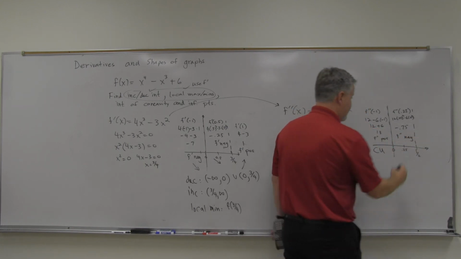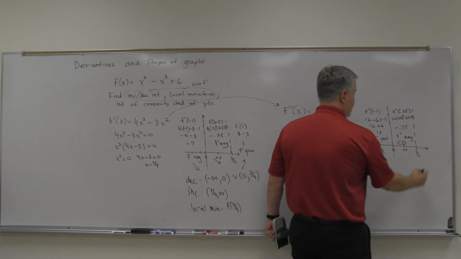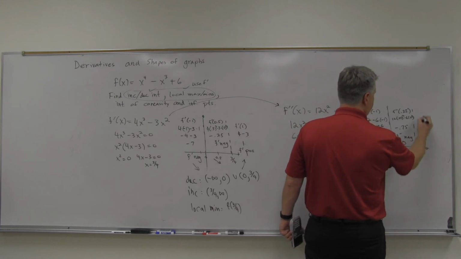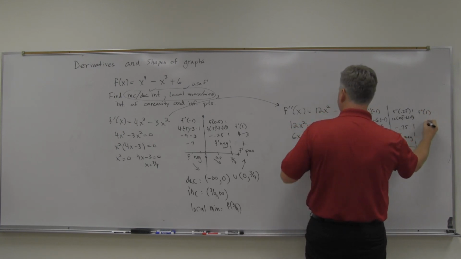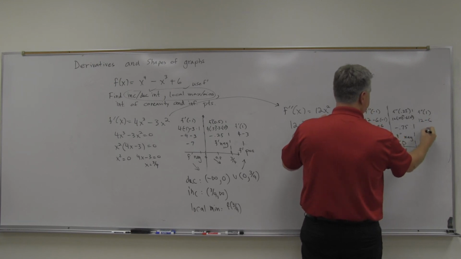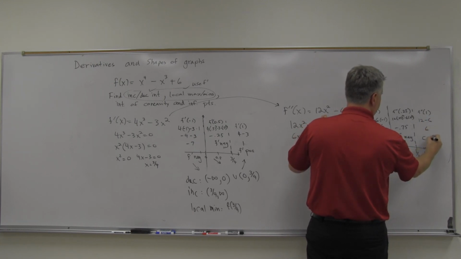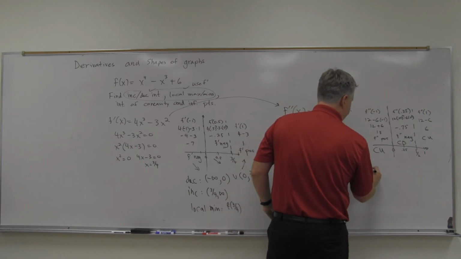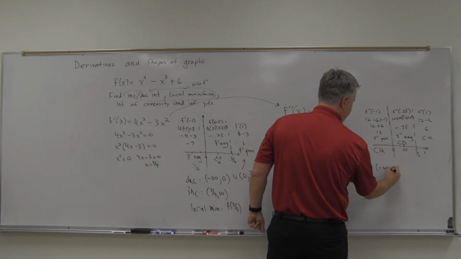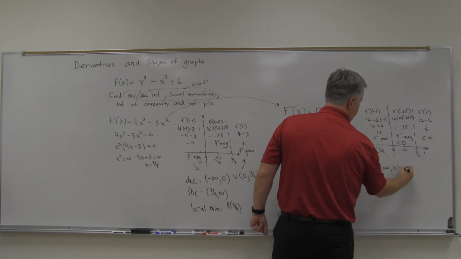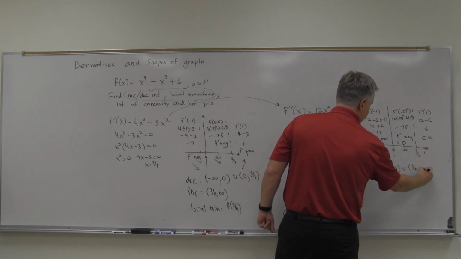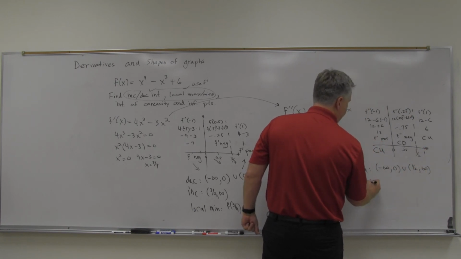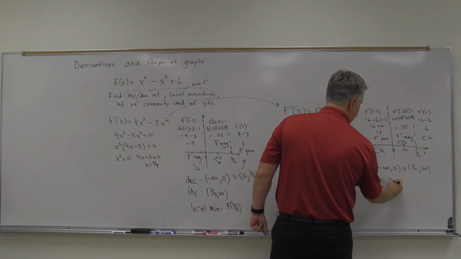That tells me it's concave down. And then last but not least, out here, f double prime of 1 is easy, 12 minus 6, so that's 6. Again, that's concave up. So we have concave up from negative infinity to 0, and from a half to infinity, and concave down in between, from 0 to a half.